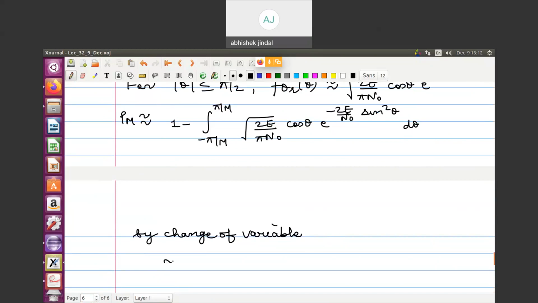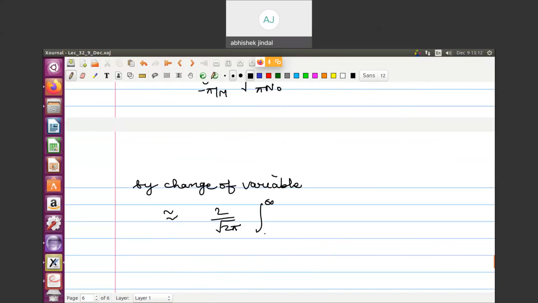This can be approximately written as 2 upon root of 2 pi integration, root of twice of e by N naught, sine of pi by M, e raised to power minus x square by 2, dx.